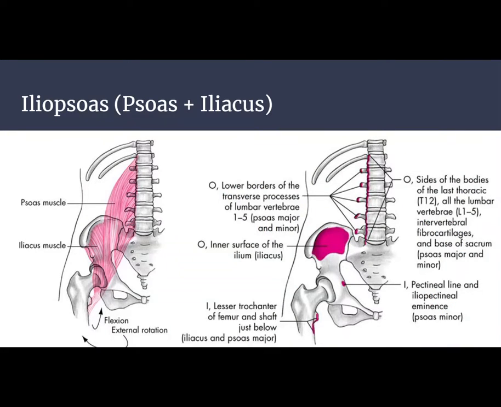The iliopsoas, or the psoas and the iliacus: you can see that the psoas muscle goes up to your lumbar vertebra, so it's coming off the transverse processes of lumbar vertebrae 1 to 5, and it goes into the lesser trochanter down here. I'm going to change that color. And then we have the iliacus, which comes off the iliac fossa and goes also to the lesser trochanter.